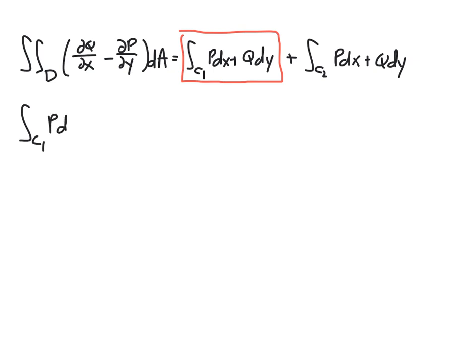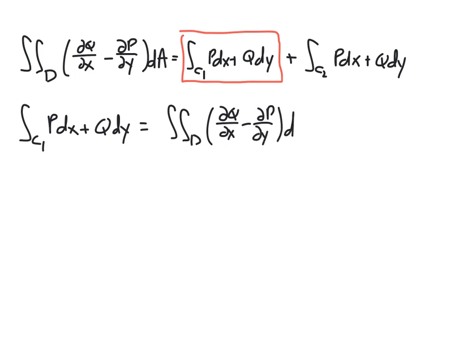So we have the integral over C1 of p dx plus q dy, and of course, that's going to equal the double integral over D of del q del x minus del p del y, minus the line integral over C2 of p dx plus q dy.